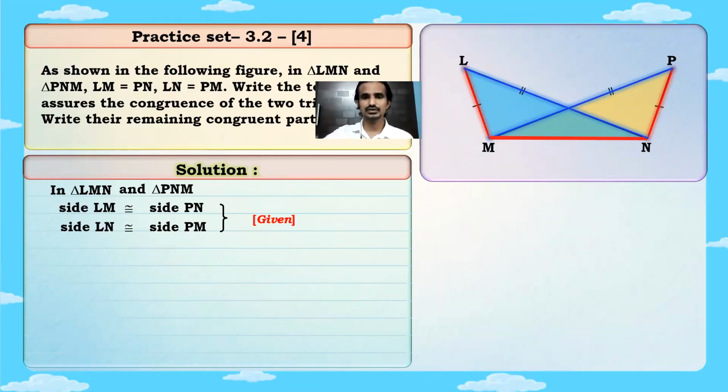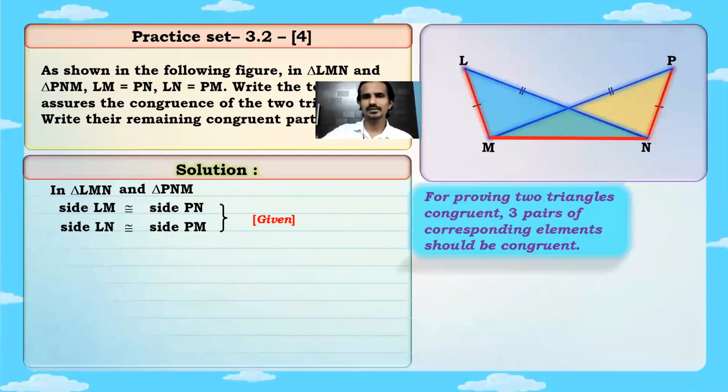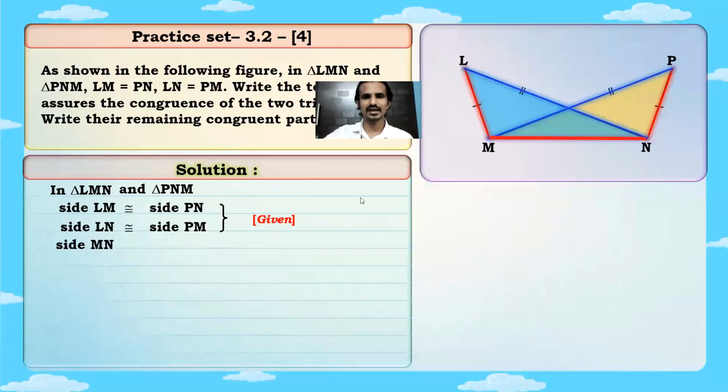The next thing we should write down is the common side. Now when we write common side, we have to write the same side congruent to itself. Okay, since for proving the two triangles congruent, we need to have the third part, and the third part here is the common side. So side MN is congruent to side NM. Okay, now one interesting thing here, just understand this.